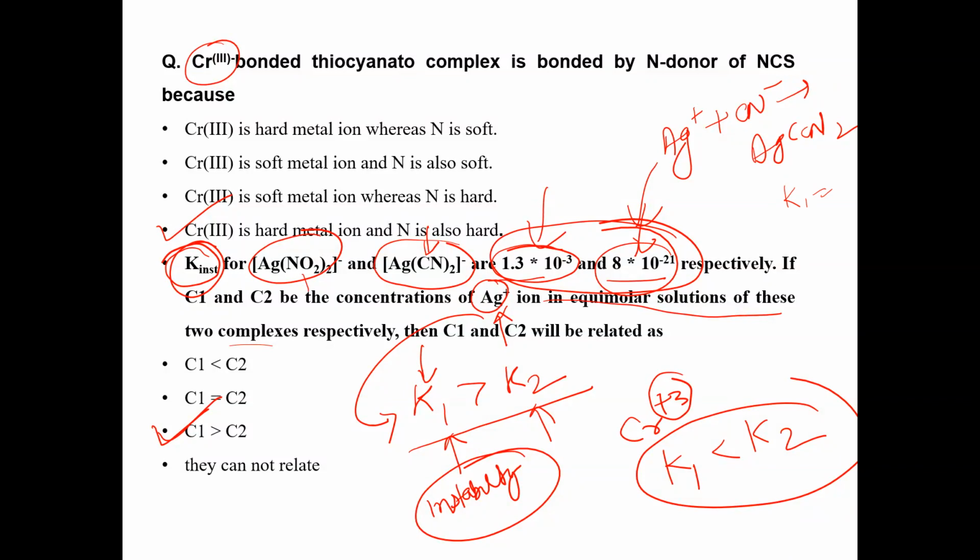And another equation that I am writing here is AgNO2. The instability constant for this one has a higher value as compared to this one, so vice versa, if I am talking about the stability constant, the trend will be like this.